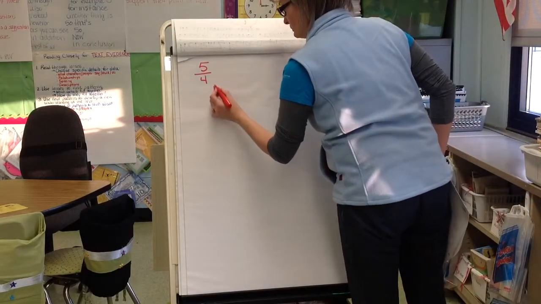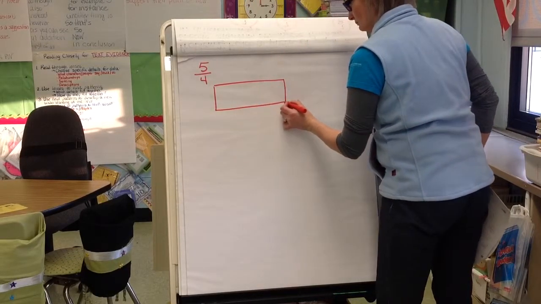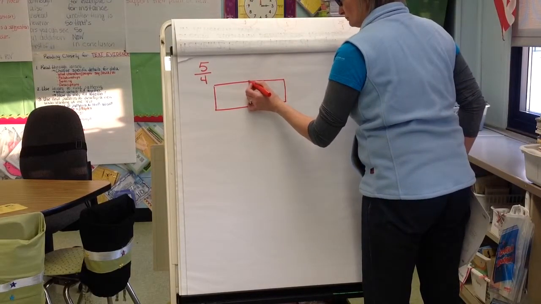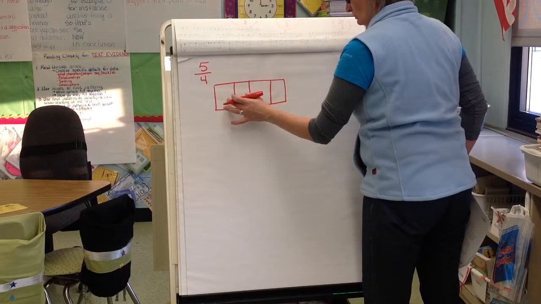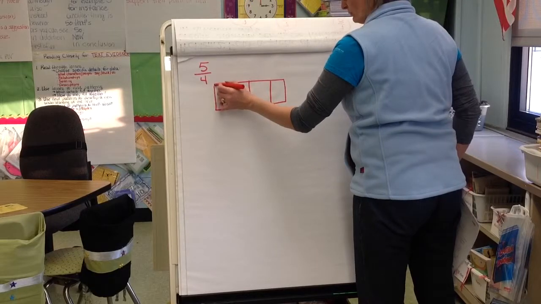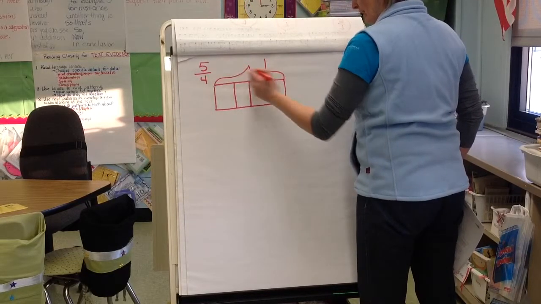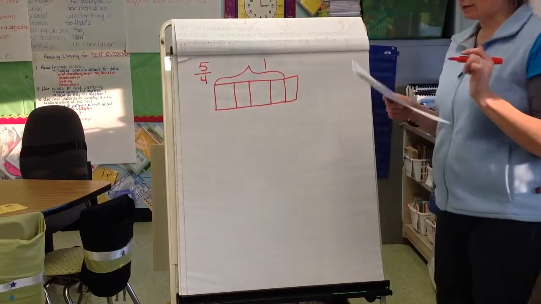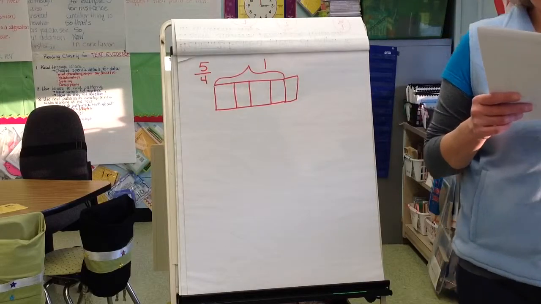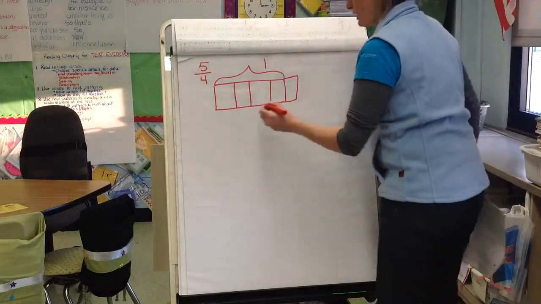So let's draw our tape diagram. Okay, this is 4/4. This represents one whole, but we have 5/4. So we need another fourth. Okay, let's use some brackets.